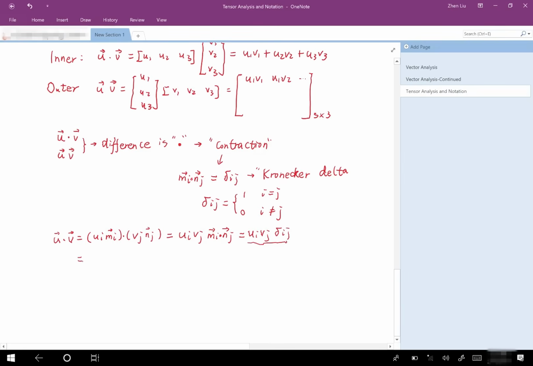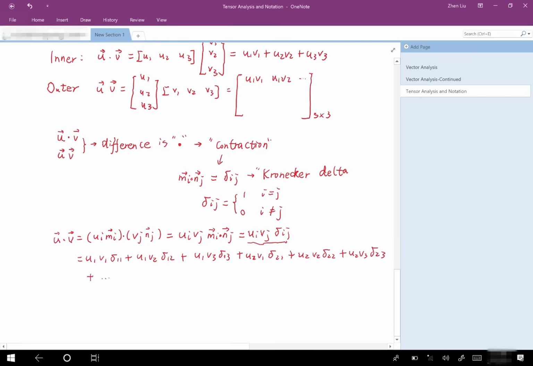So this one, you rewrite down the full notation. For example, let's use 1, 2, 3 for full notation. u1 v1 delta 1,1 plus u1 v2 delta 1,2 plus u1 v3 delta 1,3 plus u2 v1 delta 2,1 plus u2 v2 delta 2,2 plus u2 v3 delta 2,3.